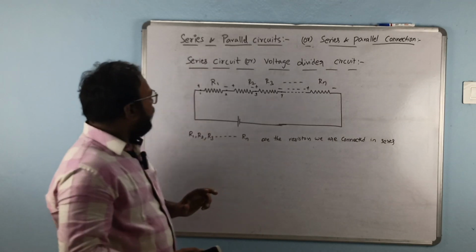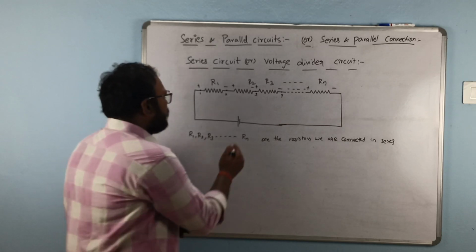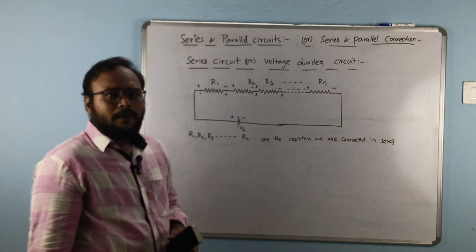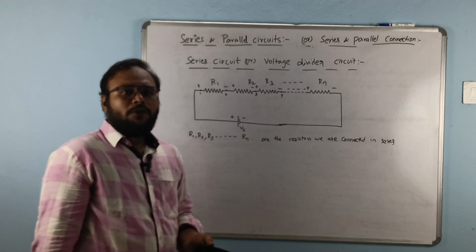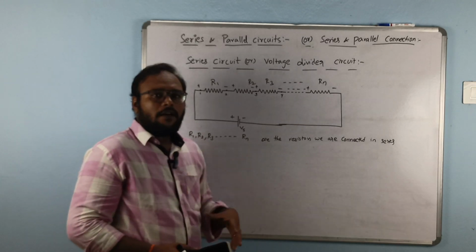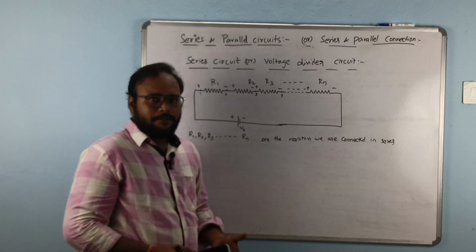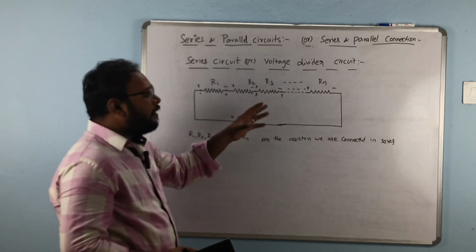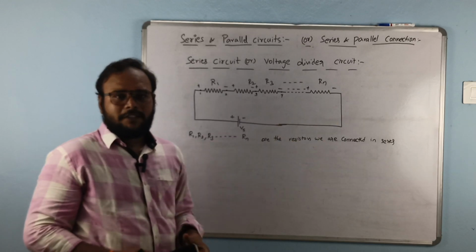Now, the voltage source Vs is applied here. In the previous videos, we discussed Kirchhoff's current law and Kirchhoff's voltage law. Those laws are naturally related to series and parallel connections.